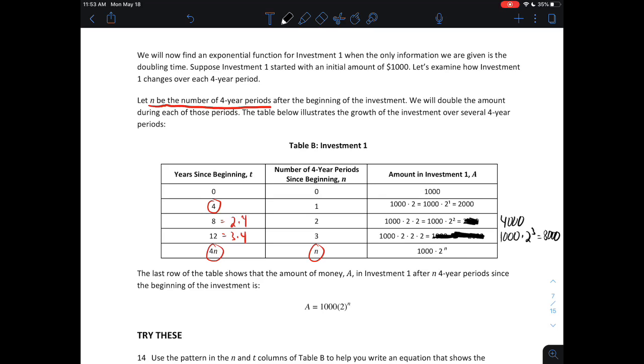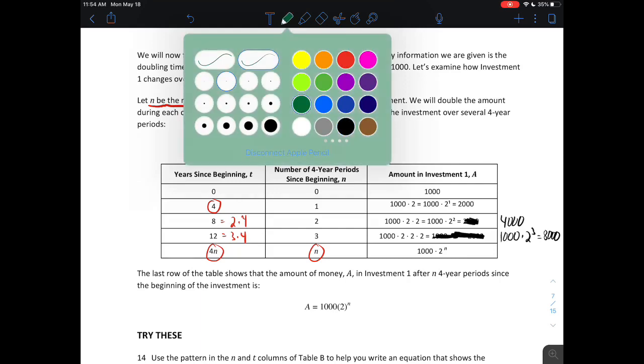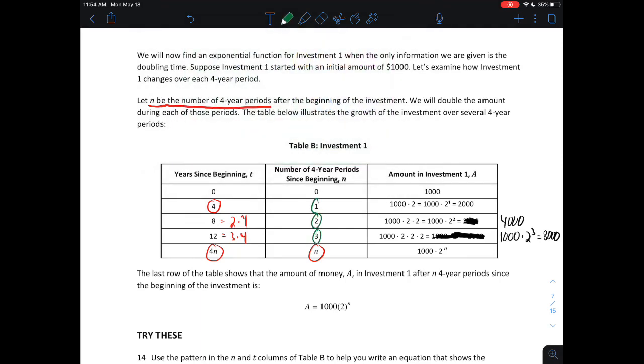So then the amount in the investment at the very bottom, that's the same thing as 1,000 times 2 to the n. Just notice how they are using the number n, just like they did with the 1, 2, and the 3. 1 was the power, then 2 was the power, and then 3 was the power. So the same thing happens with n as the power.